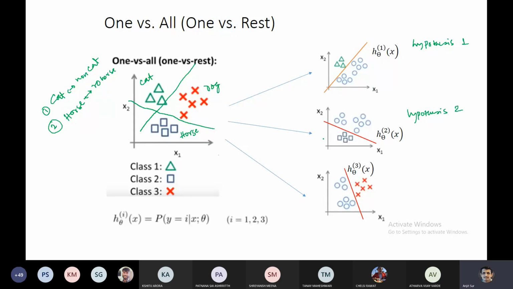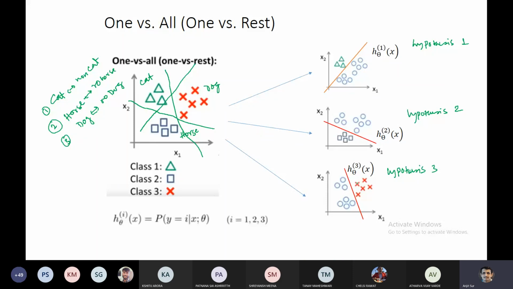Thirdly, we do dog and no dog. Apart from this dog, the left-hand side is non-dog. So exactly here, this is our hypothesis 3.